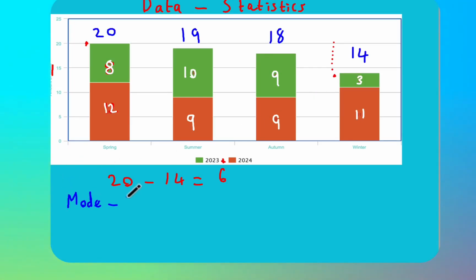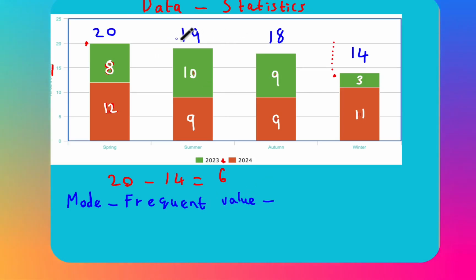A mode is basically the most frequent value. Now we don't have the most frequent value in terms of addition of both years, as there is no value that is the same. 20, 19, 18 and 14 are all different. However, if we were to look at the years of 2024, because we have 2 sets of data, it really works wonders for us to find the mode of 2024.